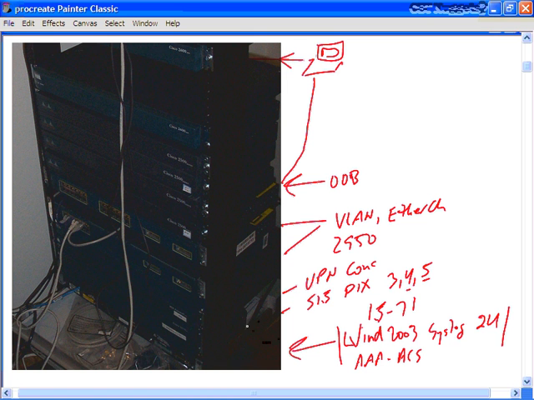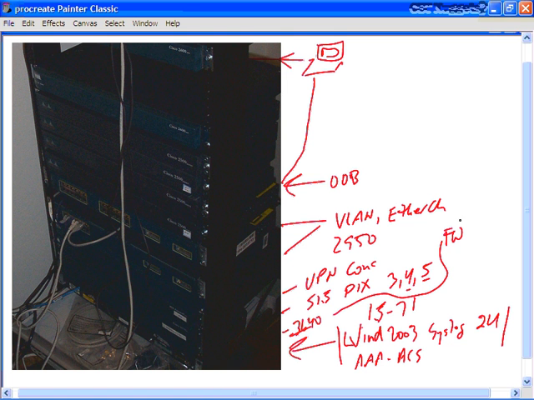And then below that, I've got my Cisco 3640 router, which is my high-end modular router that I use to provide a wide variety of services. And it has an operating system that has what we call a firewall security feature set on it, so I can use that as an intrusion detection, intrusion prevention sensor as well.